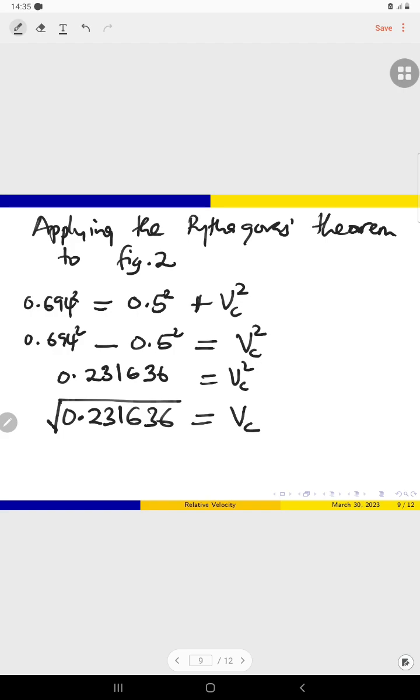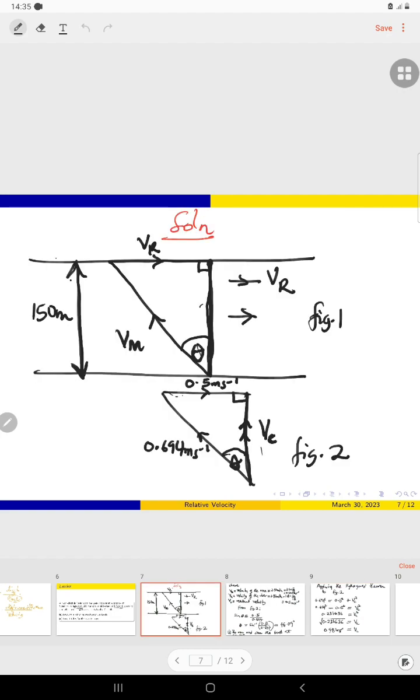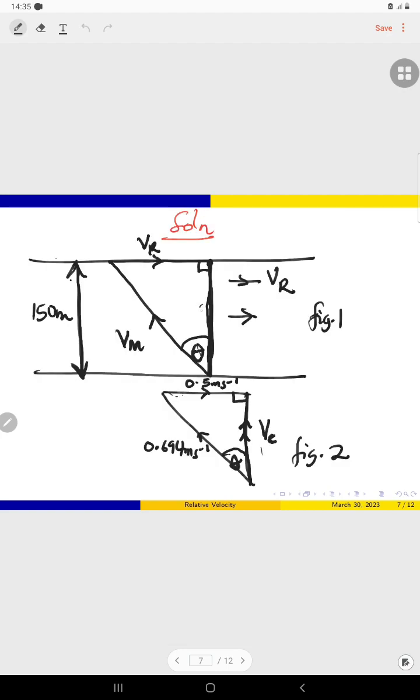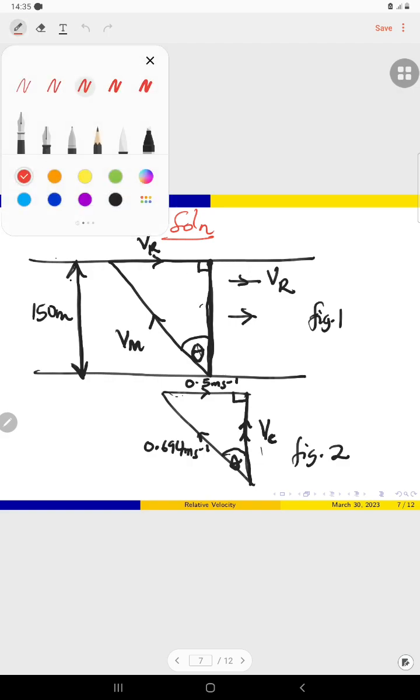Are you following? So what do we get eventually? Our VC to 3 decimal places gives us 0.481 meters per second. So in other words, what we have gotten is that we have known the velocity of this. Okay, this velocity. Let me change the color.